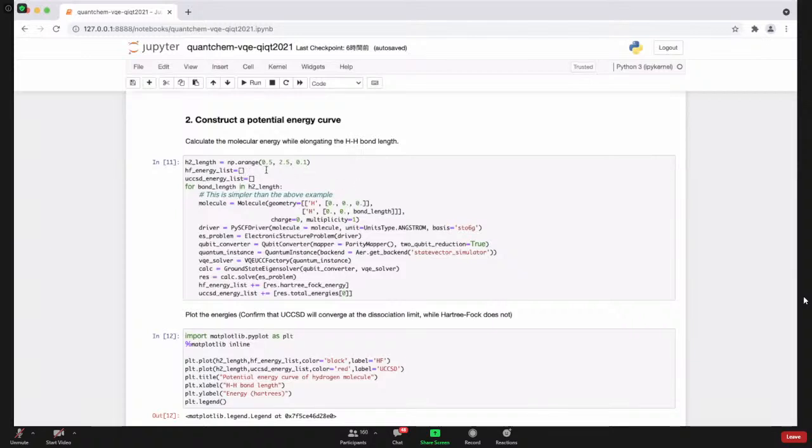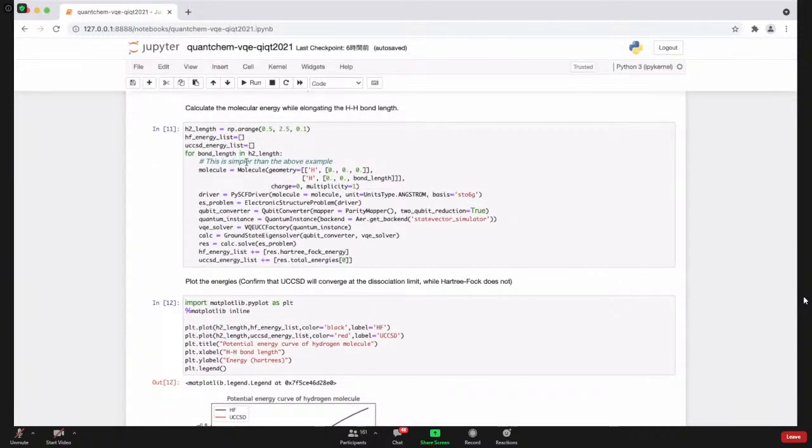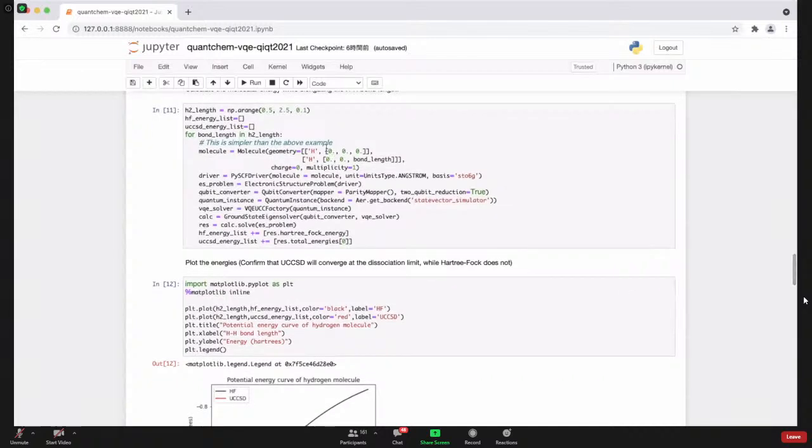So here we're changing the H-H distance from 0.5 to 2.5. And while we change the bond length little by little, we construct the H2 coordinates like this, in the same settings as here.